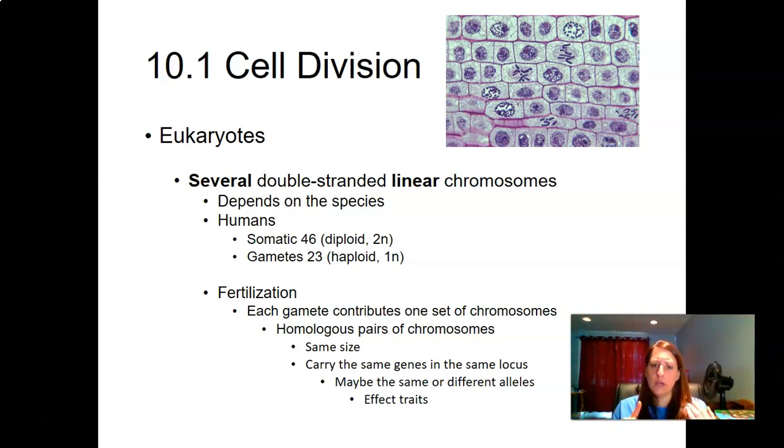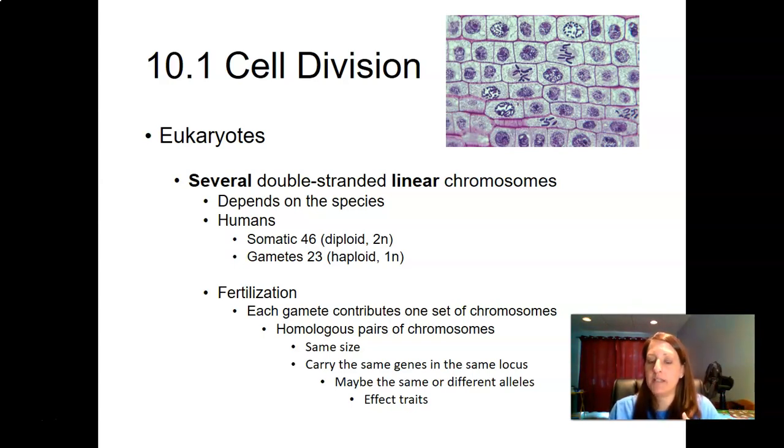So in any eukaryotic organism, we're going to have several double-stranded linear chromosomes. That number depends on the species. In humans, that's going to be 46 chromosomes for our somatic cells, and our gametes, our sex cells, egg and sperm cells, are going to have half that number.